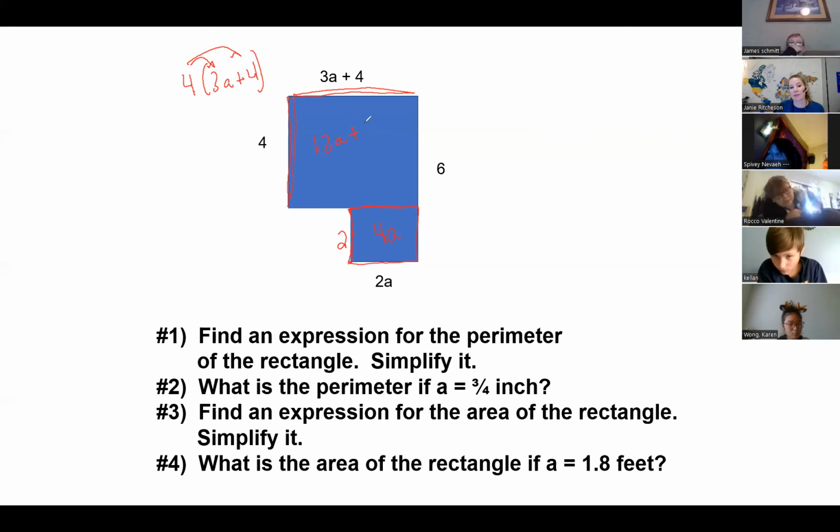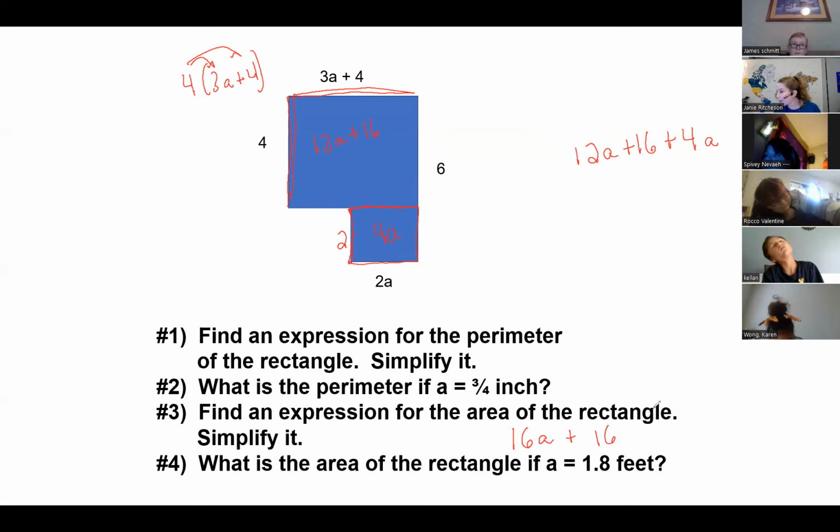And I'm finishing because I'm recording it, so you can go back and watch it if you need to. And then the last thing we would do is combine like terms. So this would be 16a plus 16. And for the very last problem, we're going to substitute for a 1.8.